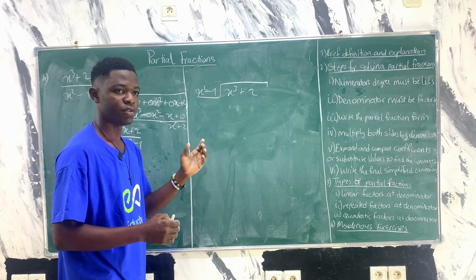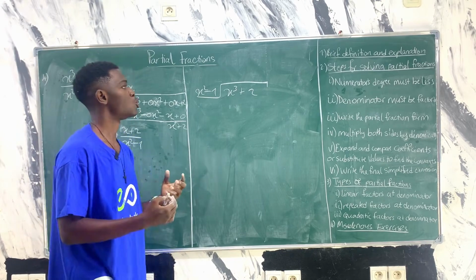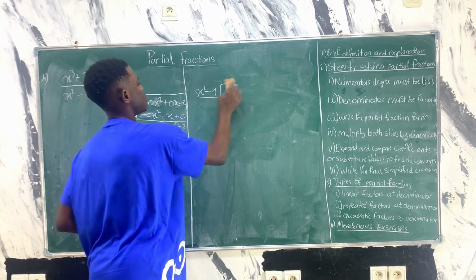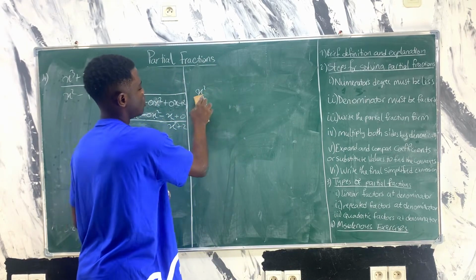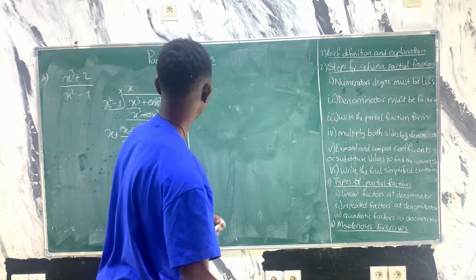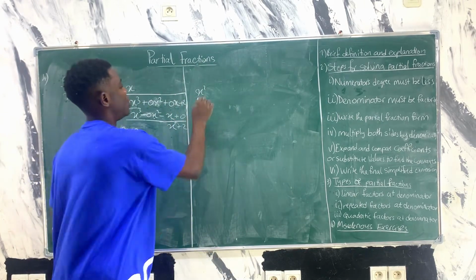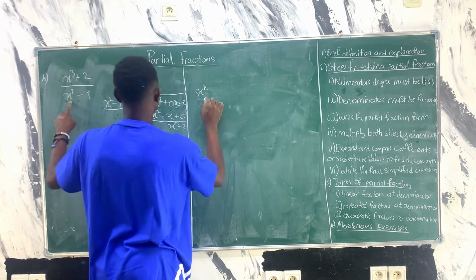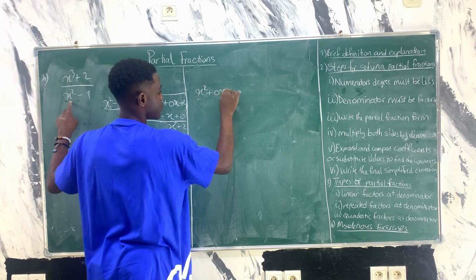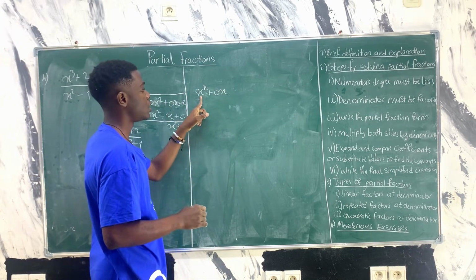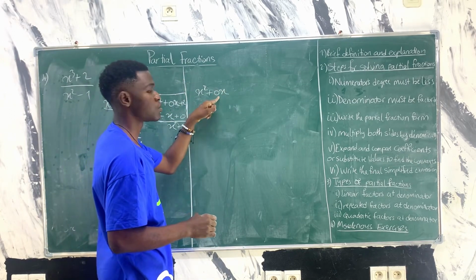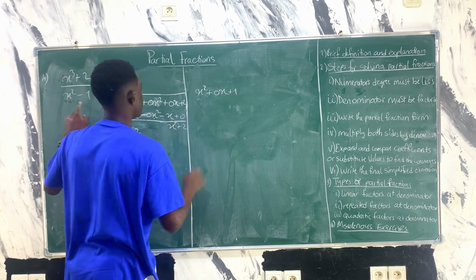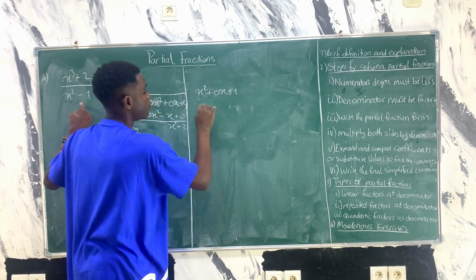If you are maybe a slow learner, what I'll advise you to do is change this. You know that after x squared there is x. After x then there can be 1. This is the same as x squared plus 0x, because if it starts with x squared, there is supposed to be a value of x. In this case, it is 0, because there's no x here, so it's 0x minus 1.